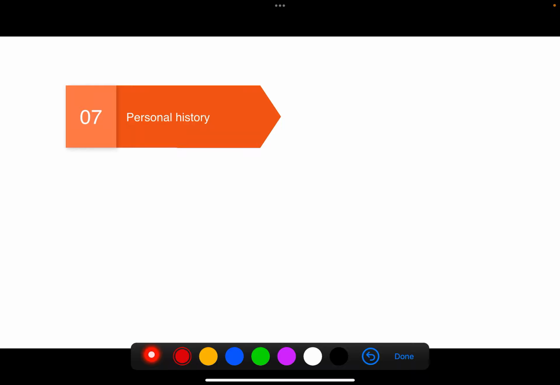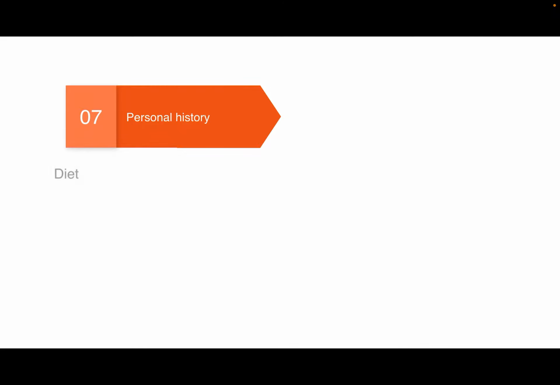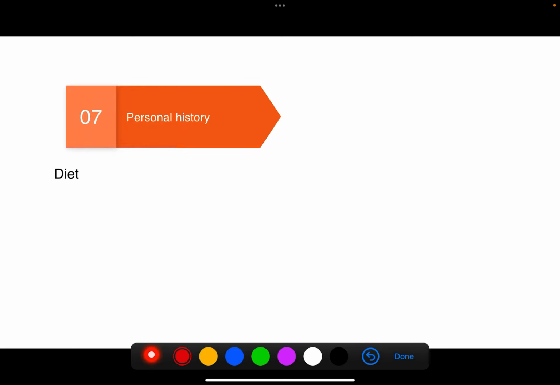Then personal history. This is very important in terms of diabetes. Two histories that are very important in diabetes: one is the diabetic history, where you ask for the symptoms and the medications, and then the personal history. So first you will ask about the diet. What is the importance if the patient is a vegetarian?